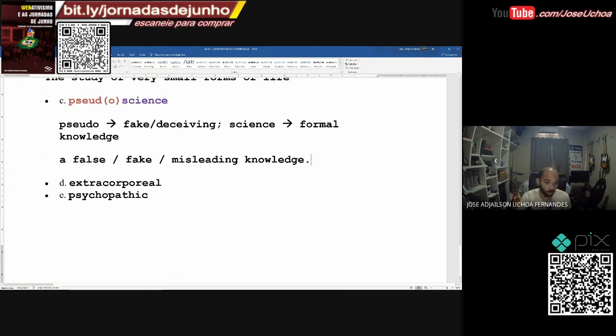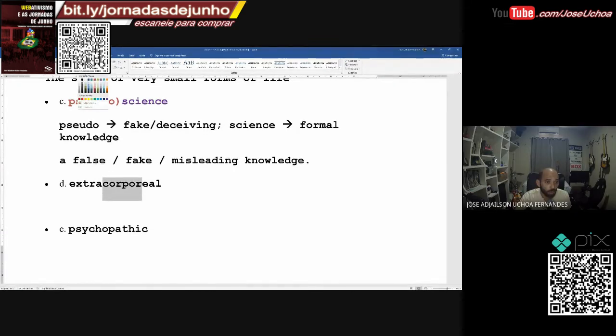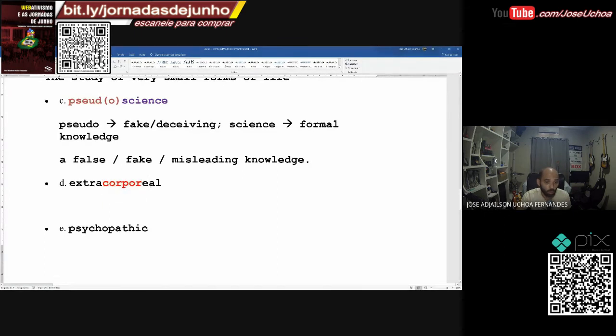Okay. Now let's go to extracorporeal. What is the root of this? Extracorporeal. What is the root? Corpor? Corpor. Here? Yes. Okay, let's start from here. So, what is the meaning of corpor?